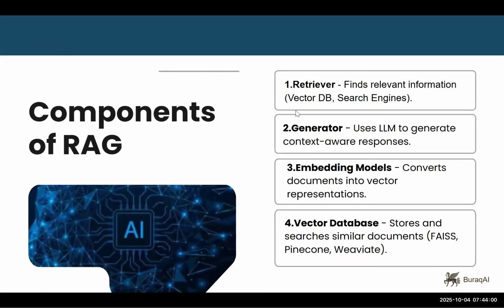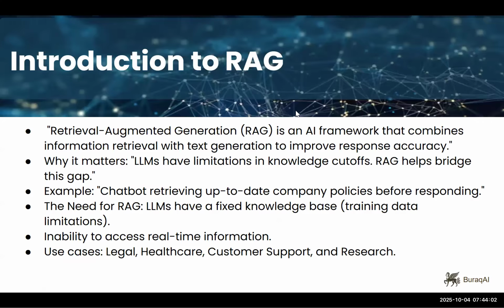So RAG is just retrieval augmented generation. It is an AI framework that combines information retrieval with text generation to improve response accuracy. So it augments your input data, just like we said, instead of giving a 1,000-page document or relying on the model alone.